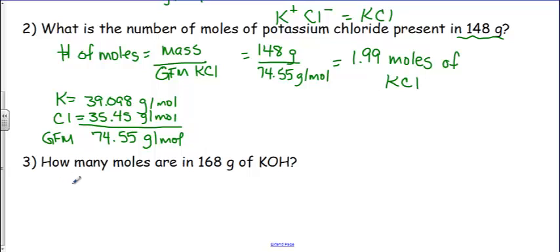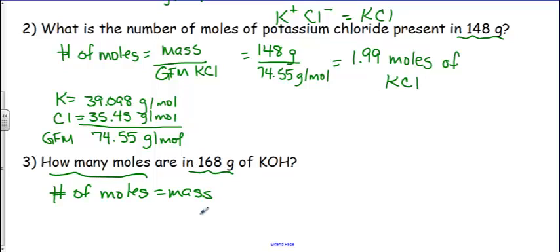So remember, it says how many moles, so it's still going to be the same setup, number of moles equals the mass that's given, which is going to be this, over the GFM of KOH. So you need to calculate that.